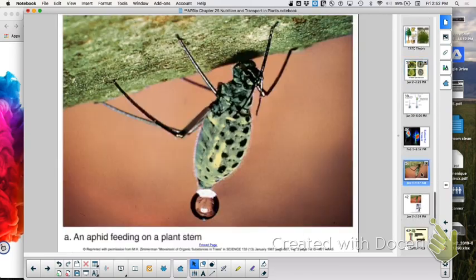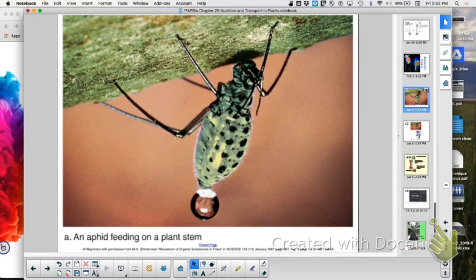Now, let's talk about the pressure flow hypothesis. Okay, yes, aphid death. Okay, so whereas the movement of water is about pulling, the movement of sugar is about pushing. Yeah, water is primarily transported through the xylem, right?